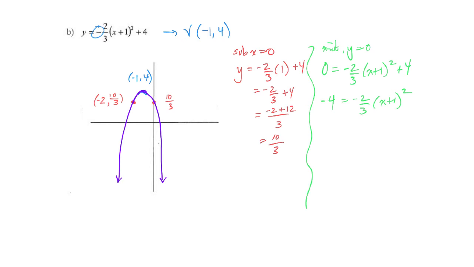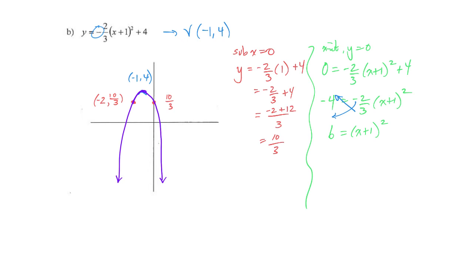Now I have to get rid of that coefficient of -2/3, which means I am going to multiply out my 3 and divide out my -2. So the negative divided by the negative is going to give me a positive value. 4 times 3 is 12, divided by 2 is 6.